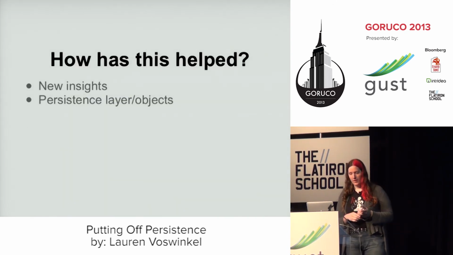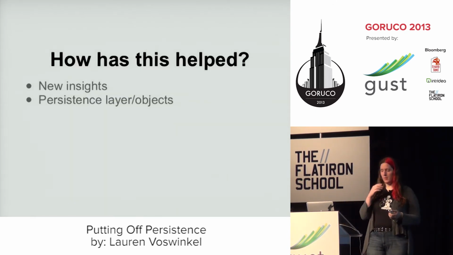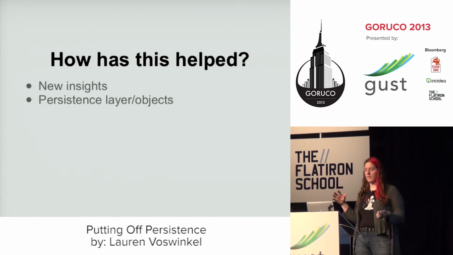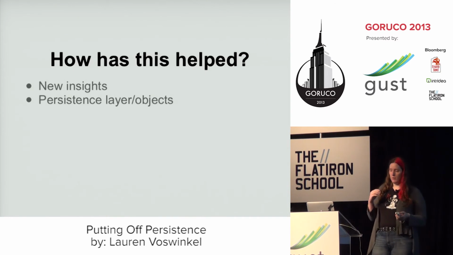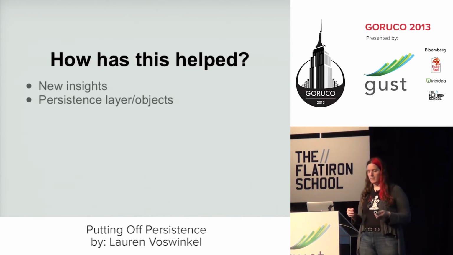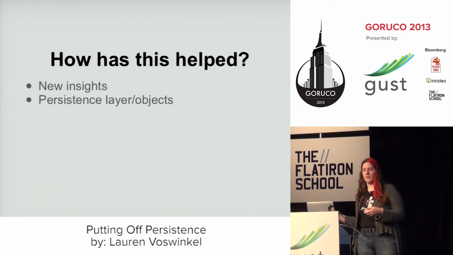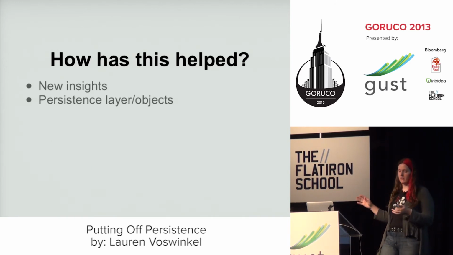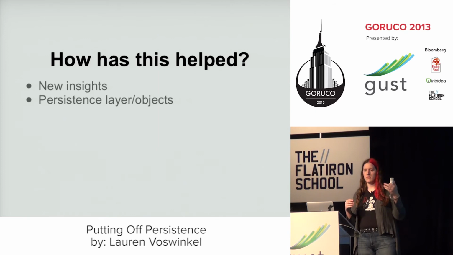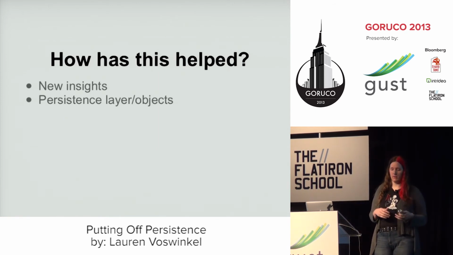So, the next thing about how this has helped is that it's created a persistence layer and persistence-based objects, which, again, brings us back to the concept of encapsulation. We now have objects that are related specifically to our collection's concerns.